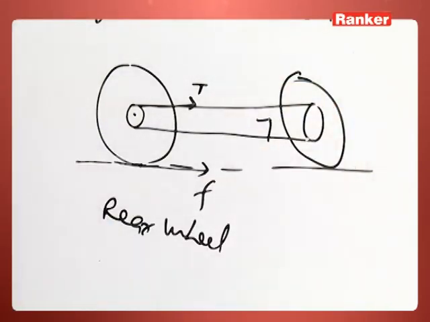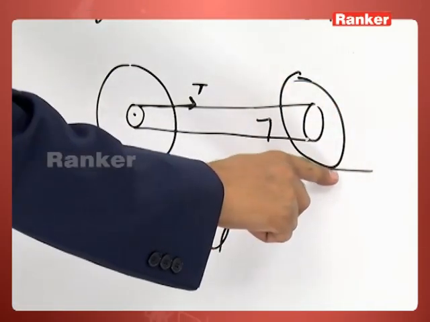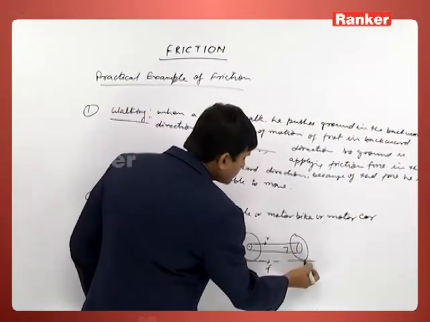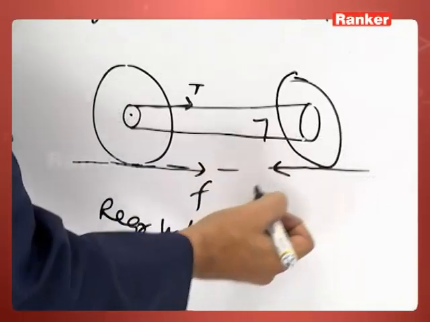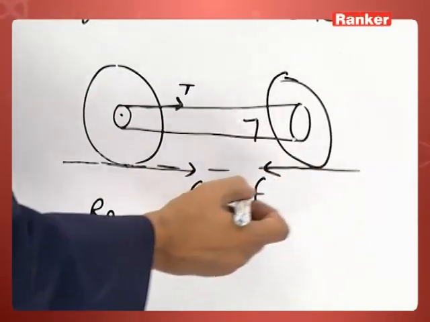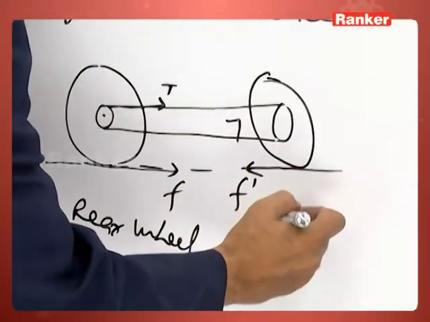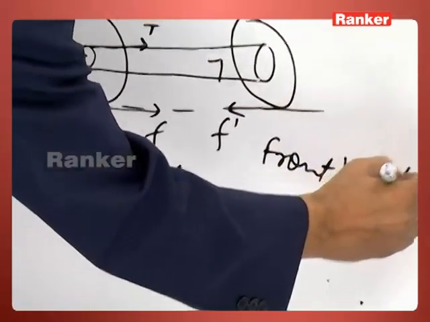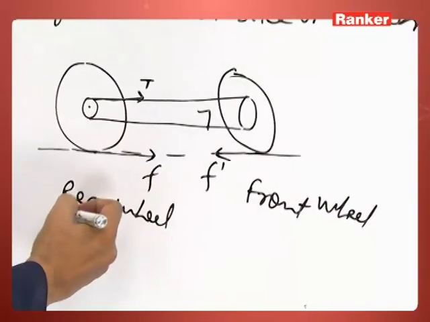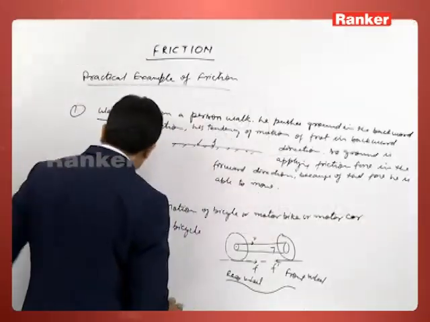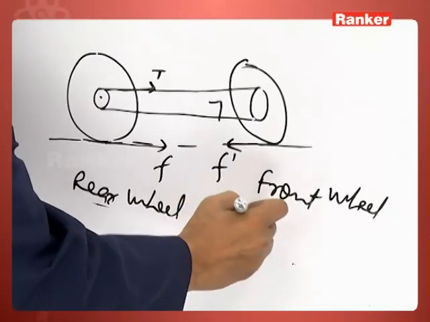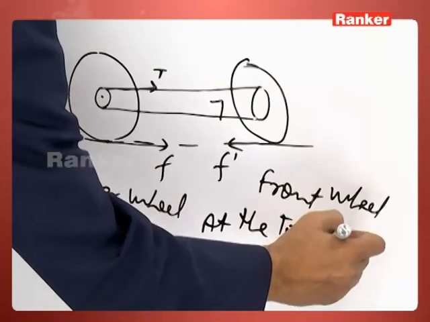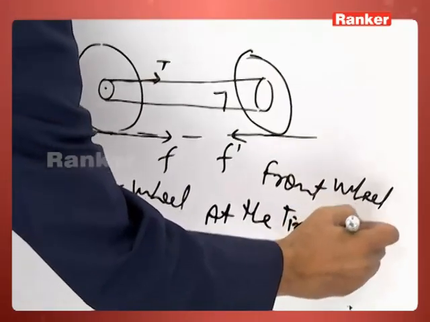As the front wheel's point of contact slides in this direction, the friction force on the front wheel will be in the backward direction, F dash. This is the case at the time of paddling.